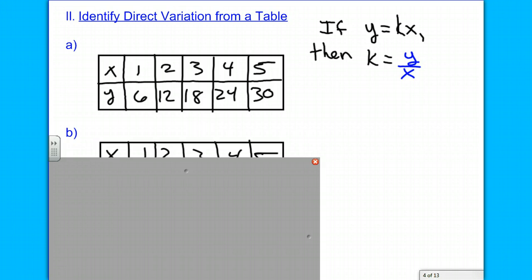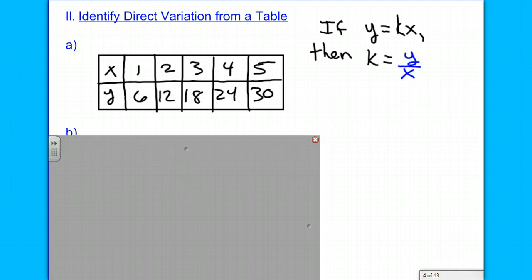Okay, so here we have a table. There's actually another way we could do this, but if we just take y over x, what would y over x look like for this first point, 1, 6? Which one is the y here? 6.